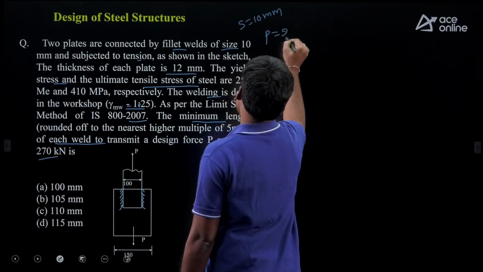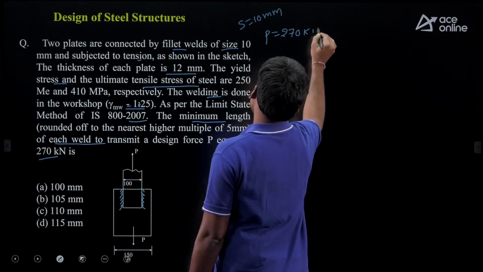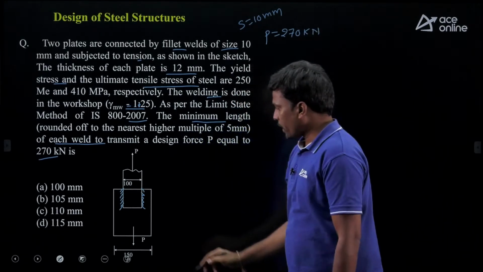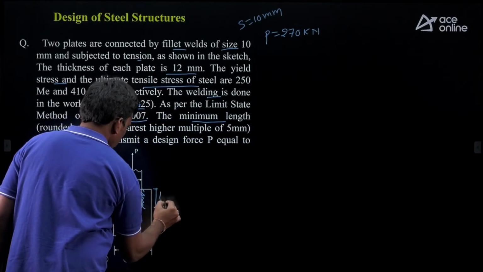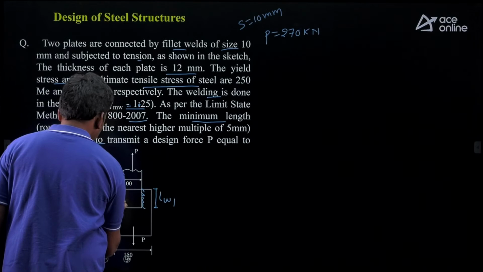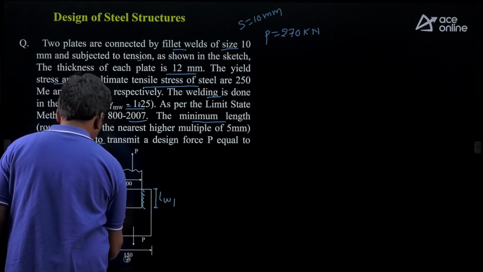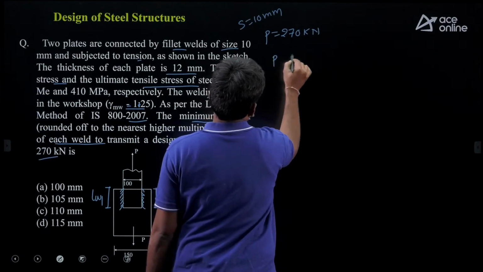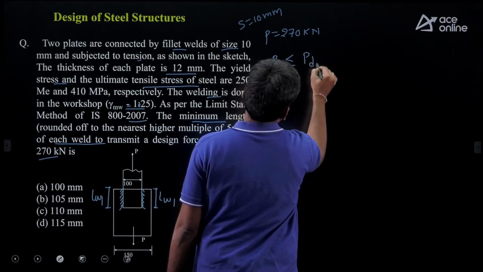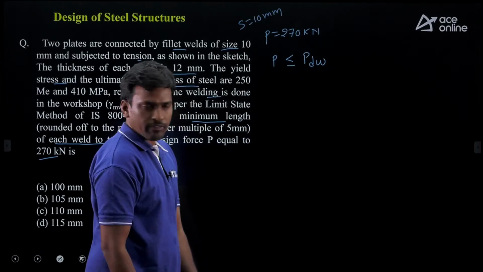So P is equal to 270 kilonewton. Students, to find the length of weld on each side, this is LW1 and this is LW1. For safety, load should be less than or equal to design shear strength of fillet weld.